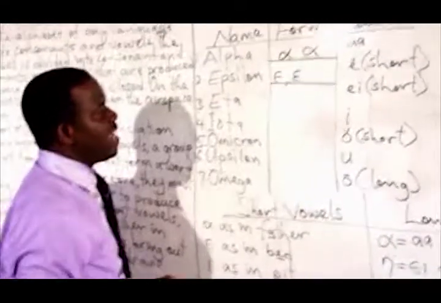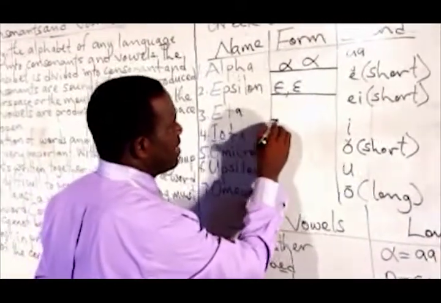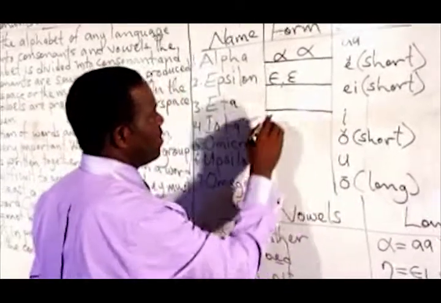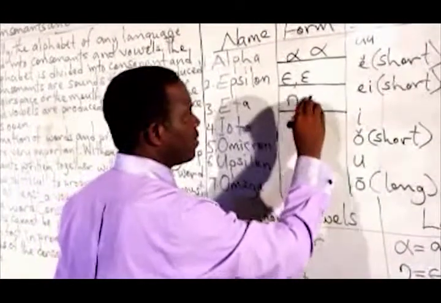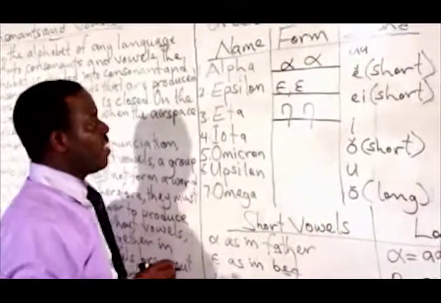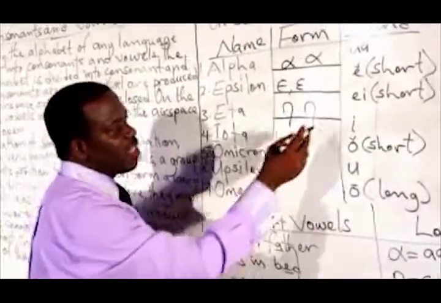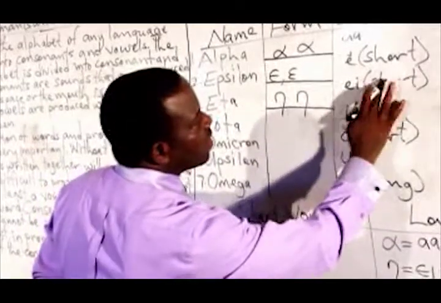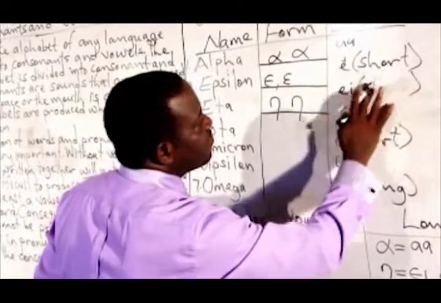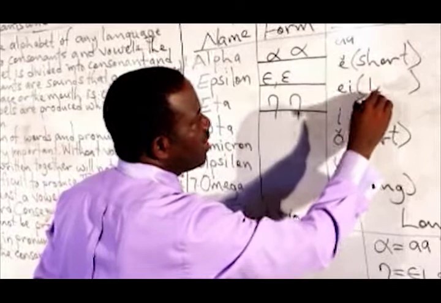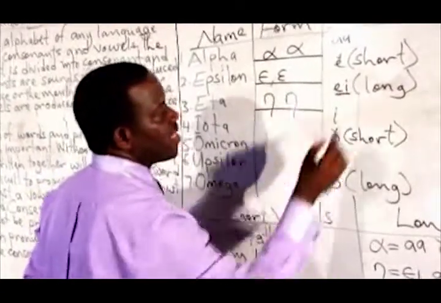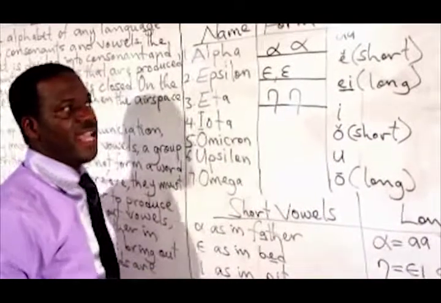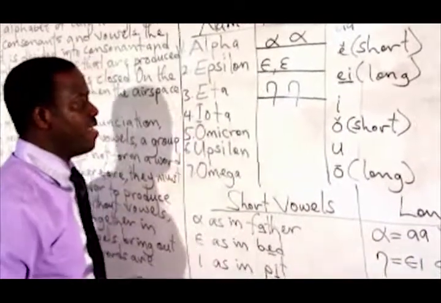The next one is eta, and this is how to write eta. Eta is the long E vowel, not short. And eta sounds as A, just as you pronounce the A in eight.